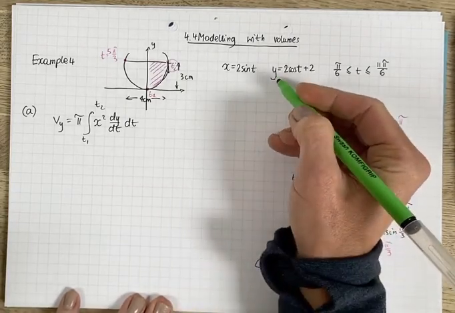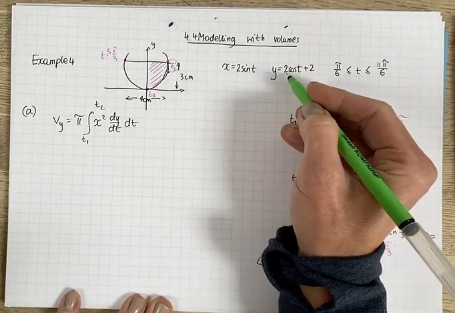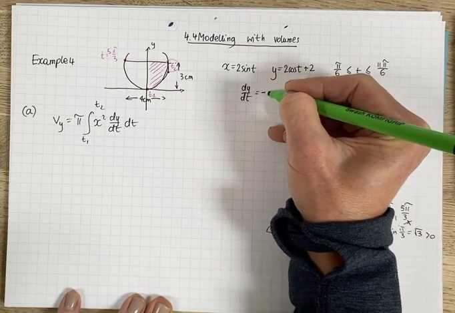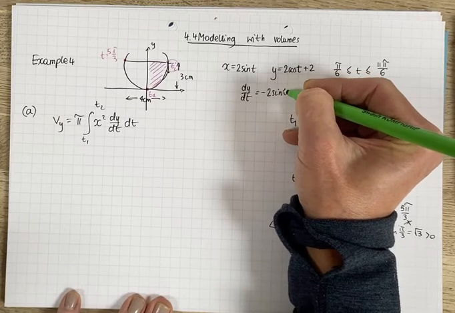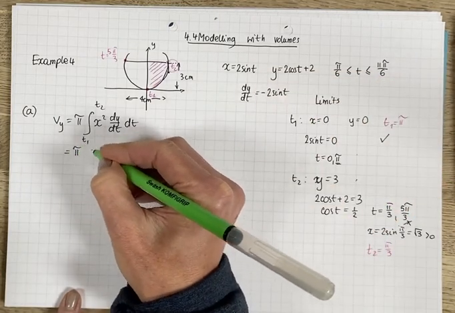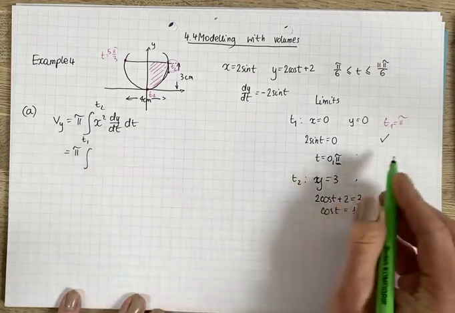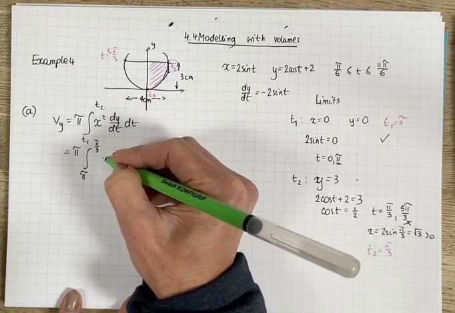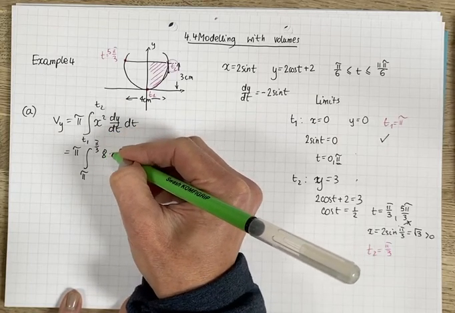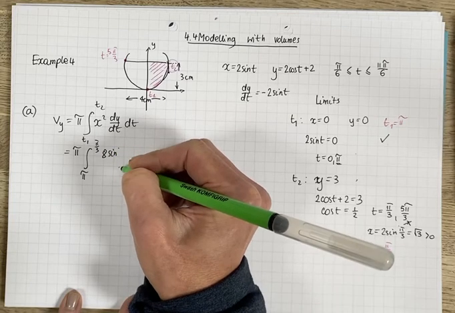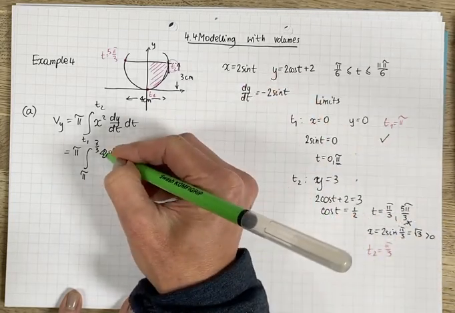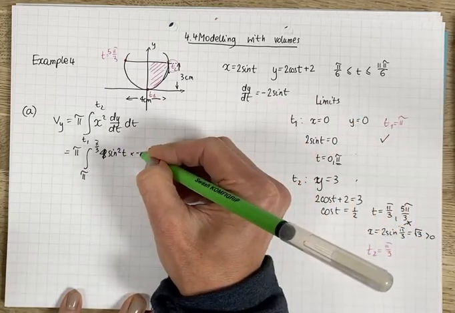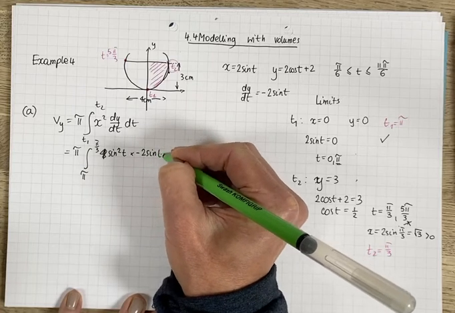Okay, so let's just multiply x squared by y differentiated. Let's differentiate y, which gives me -2 sine t. So that will go to pi. The lower limit, I will start putting my limit pi over 3. X squared gives me 4 sine squared t, and dy/dt gives me minus 2 sine t dt.